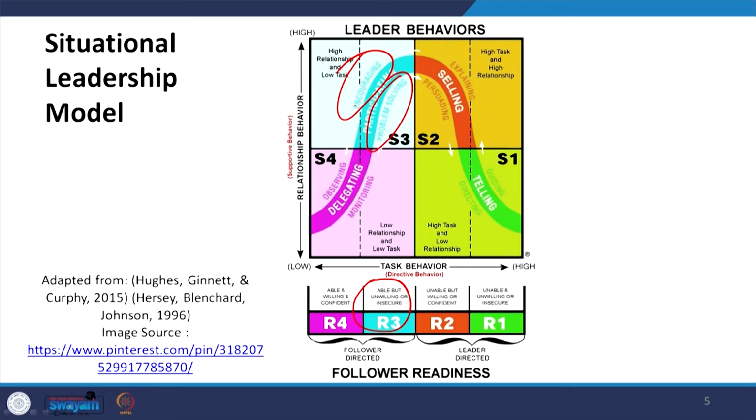So once you adopt this particular style, then definitely you will find that your leadership style will be more successful according to the situation. Suppose you have able, willing and confident employees, you know. So from unable we have gone to able, and from unwilling, from R1 to R4, to willing.